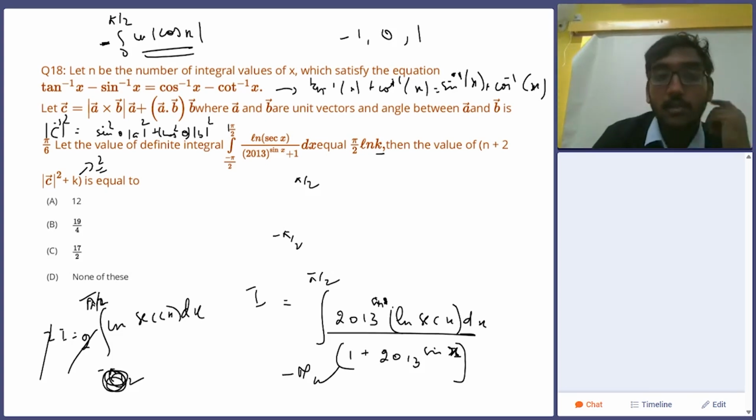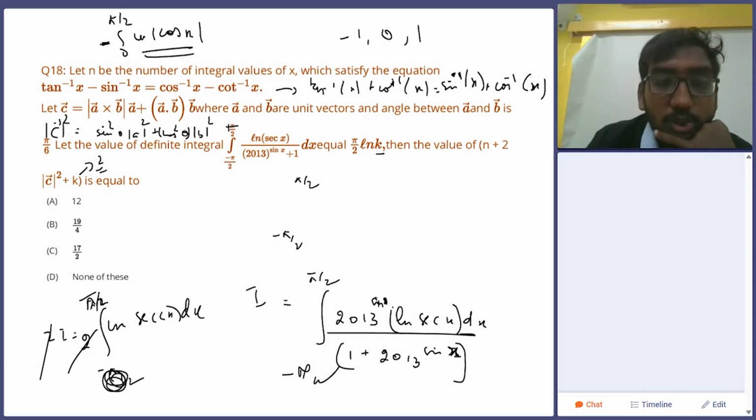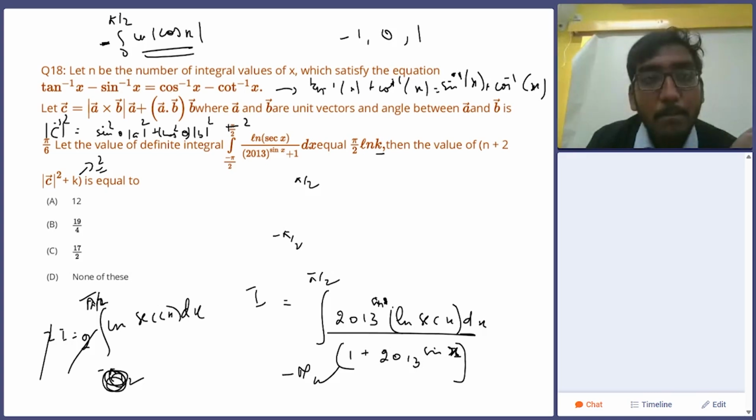So sin square plus cos square will be 1, plus you have this 2 a dot b term also, no? 2 into a cross b, this will be sin theta, 2 sin theta, right? Cos theta.